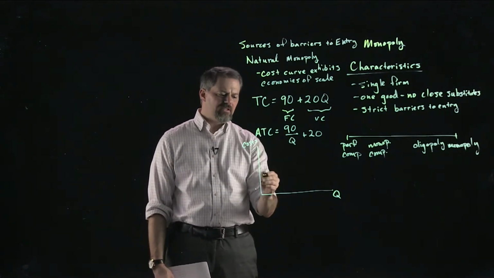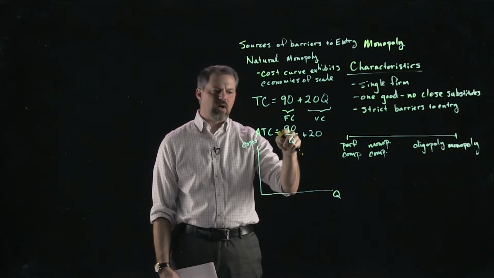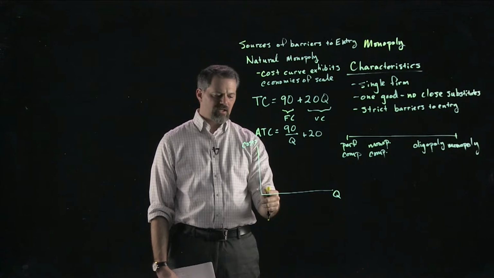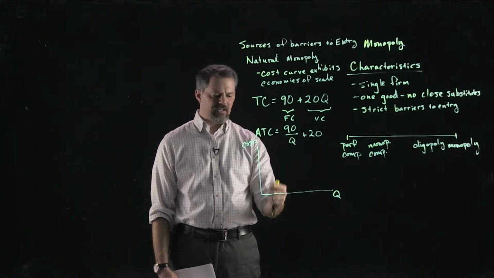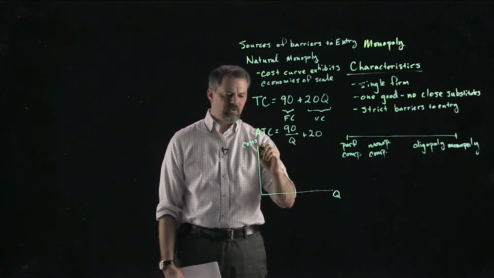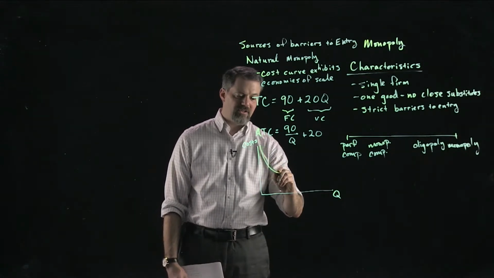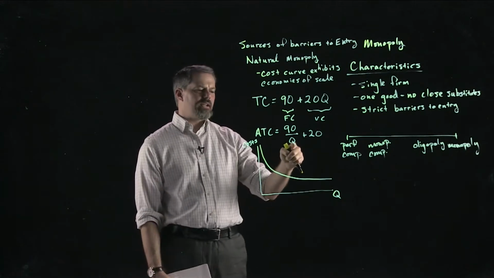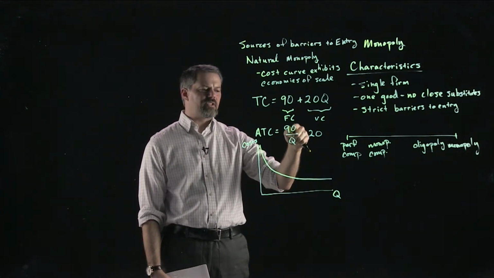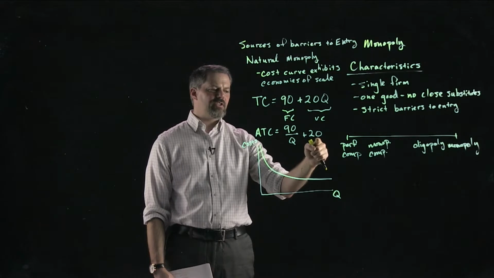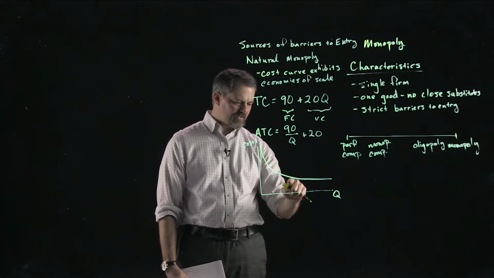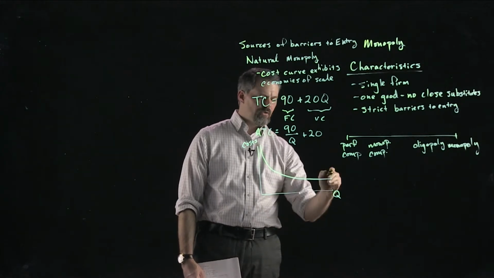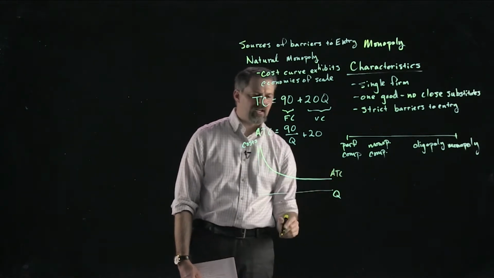And as we increase quantity, the fraction gets smaller and smaller. At a quantity of 1, this term would be 90. At a quantity of 2, it would be 45. At a quantity of 3, it would be 30. So what's happening is this average total cost curve is coming down like this. And as quantity gets bigger and bigger, this term's going to go to 0. And so this average total cost curve gets asymptotic to a horizontal line at 20, right there. So there's what our average total cost curve looks like.